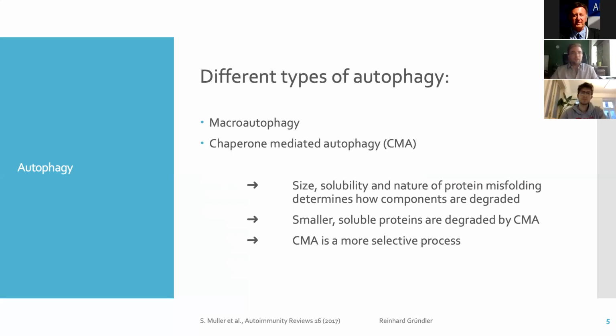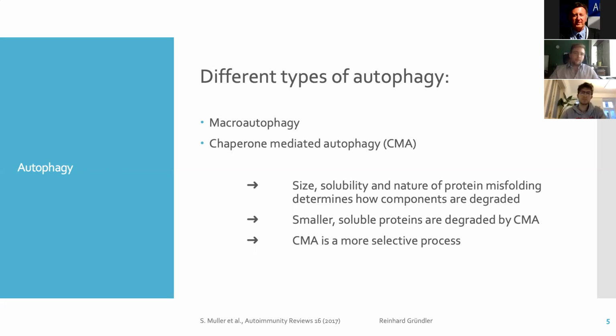On the next slide you can see the differences, but the different components are usually degraded via different pathways, and the size and the solubility, so if a component is lipophilic or hydrophilic, determine the way.